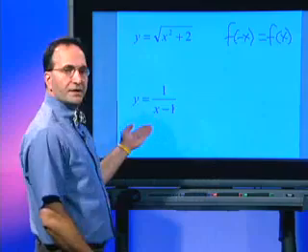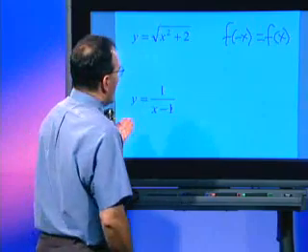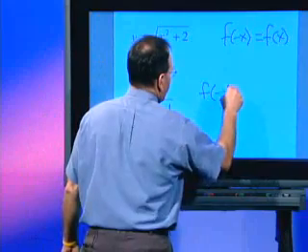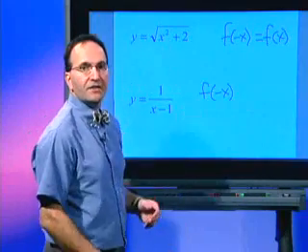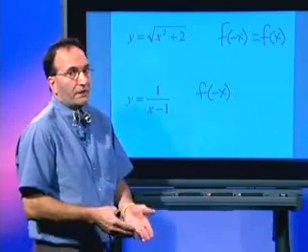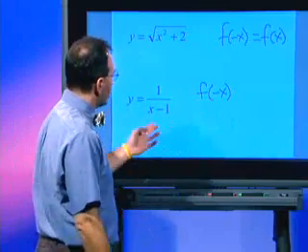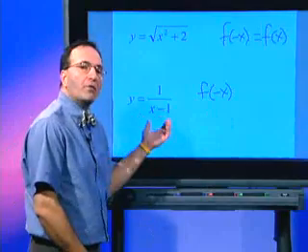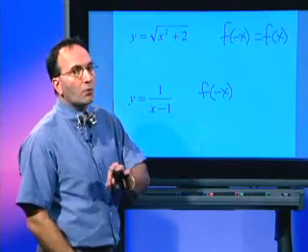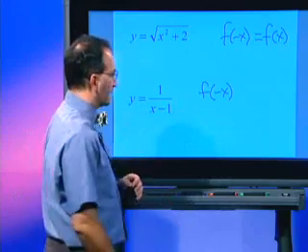Well, what about this particular function? Again, we want to figure out, does f of negative x equal either f of x or negative f of x, or possibly neither? When we plug the negative x into here, what we'll find is that it will not equal f of x, nor will it equal negative f of x.